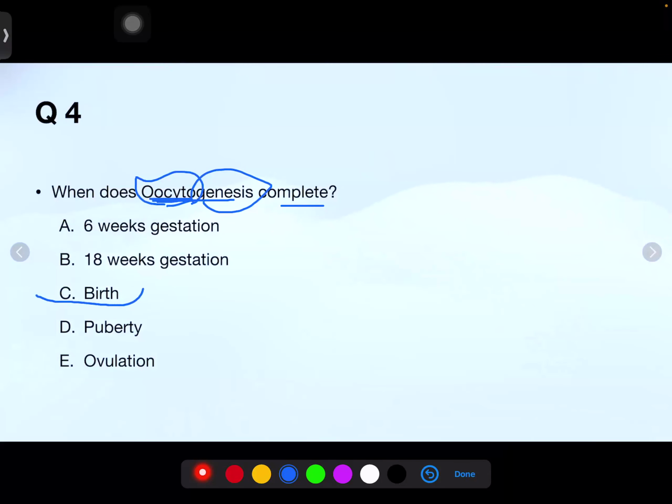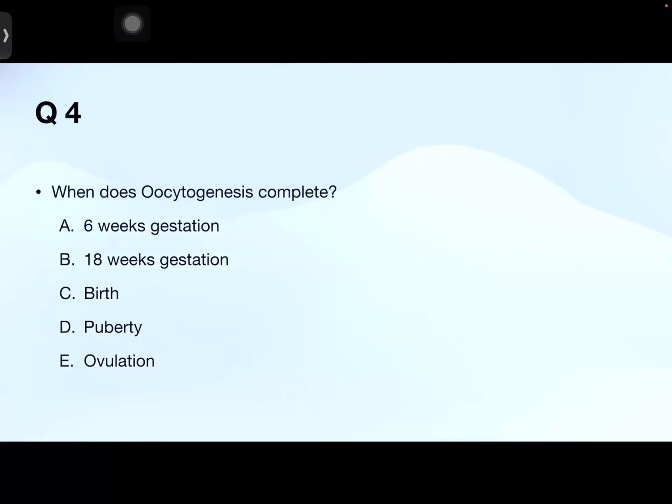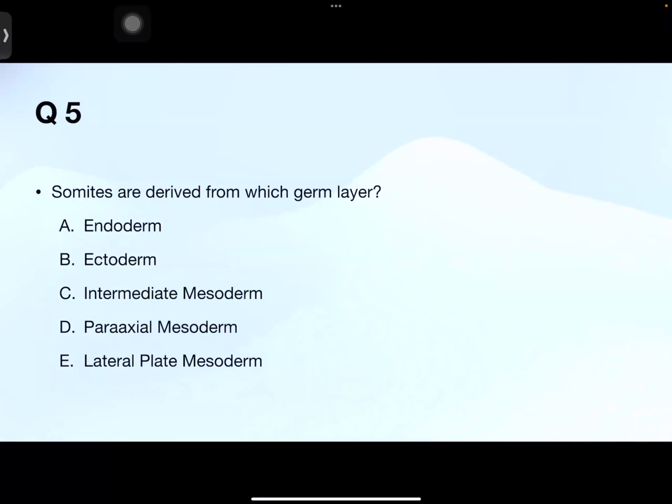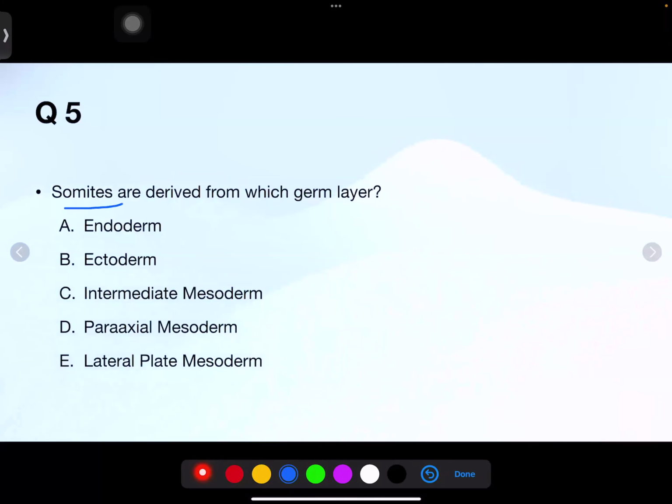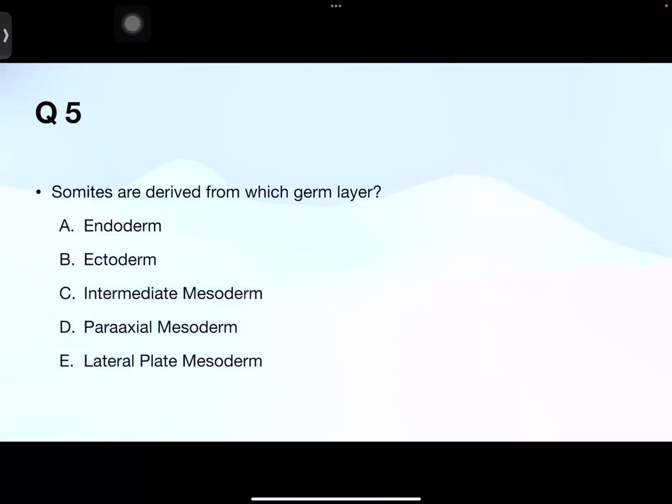It is complete before birth, because oogenesis occurs in intrauterine life. It is not going to occur after birth. Okay, now somites are derived from which germ layer? You all know that somites are from the mesoderm, and which layer of mesoderm? This is the paraxial mesoderm.